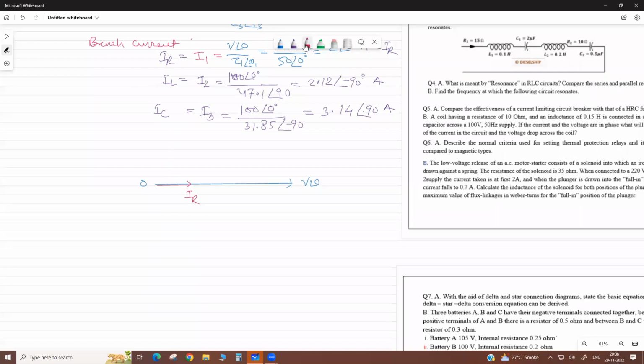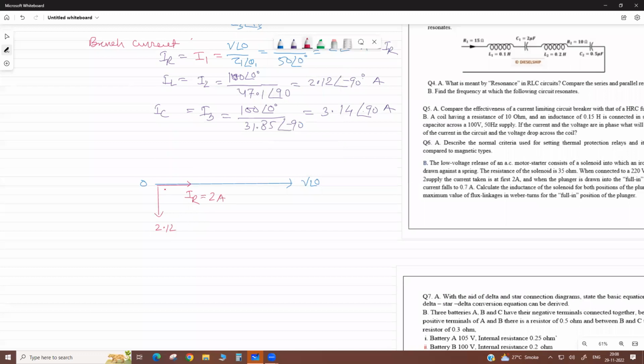But the current in the inductor lags. So this is your lagging current, and it is 2.12 ampere. This is 2 ampere.